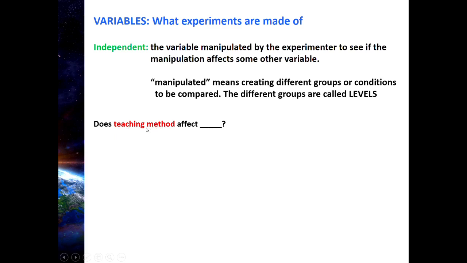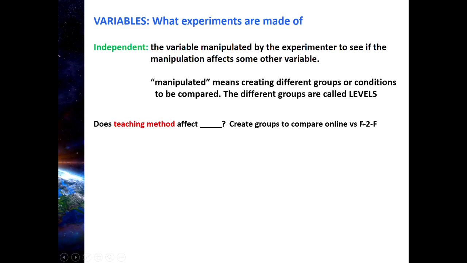In order for me to test that, I have to create groups or levels. And so what might I do, right? How am I going to manipulate this? Well, one way of doing it is I might compare these two groups. Online teaching versus face-to-face. Is one method better than the other method?